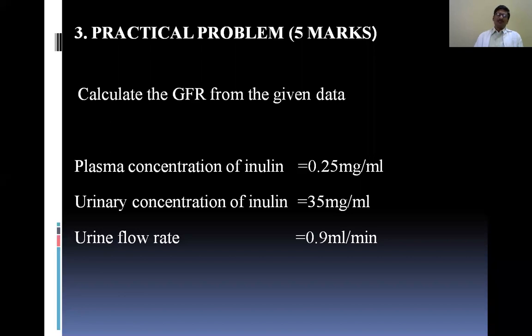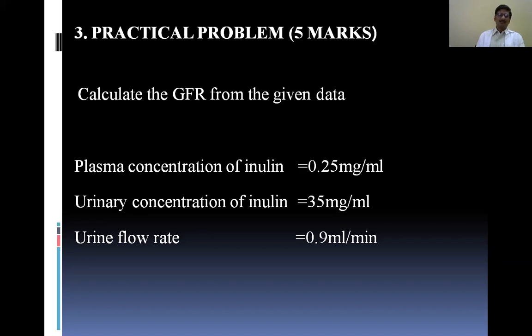There is no ideal marker available in the body which is only purely filtered, and neither secreted nor reabsorbed. Such markers are not available in the body. So we try to introduce certain markers or metabolites from outside.